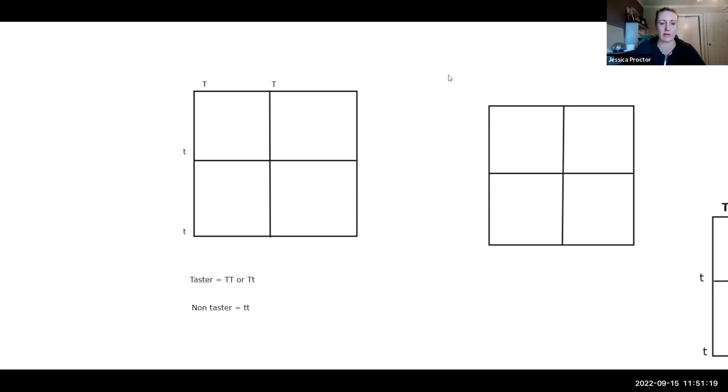Each little box is representing 25% of generation 1. So here in this first little box, we're going to take one from here, one from here. So what would go there? A big T and a little t. And then in the next box, we take one from here, one from here. So what goes in this box here?